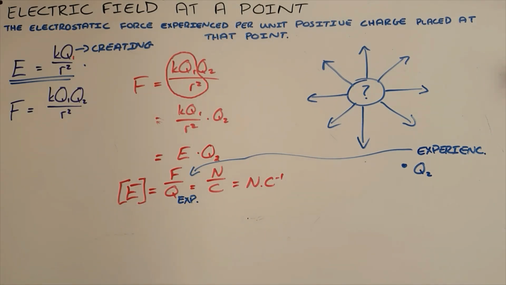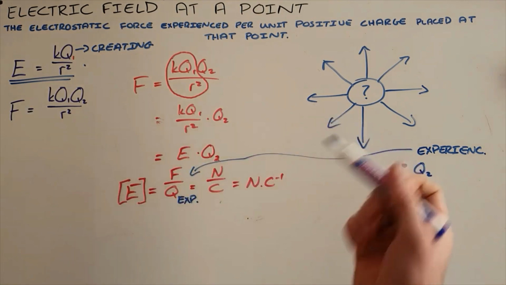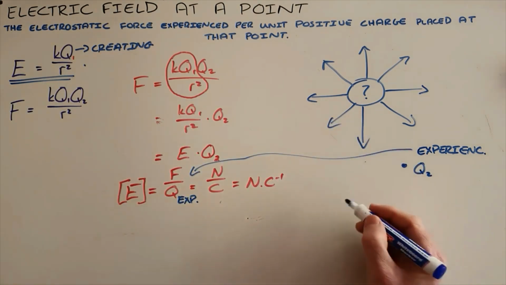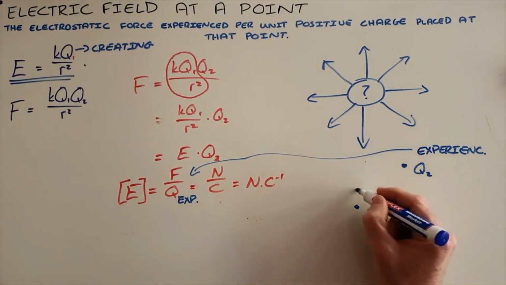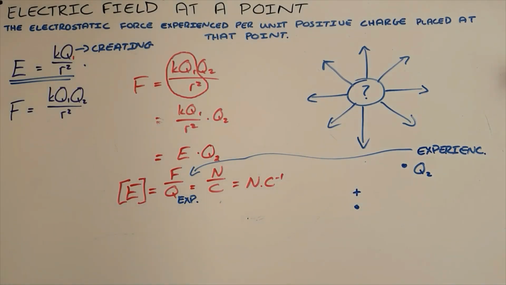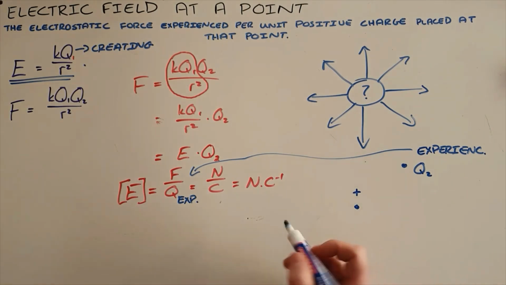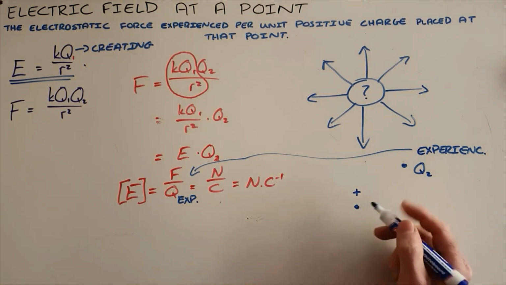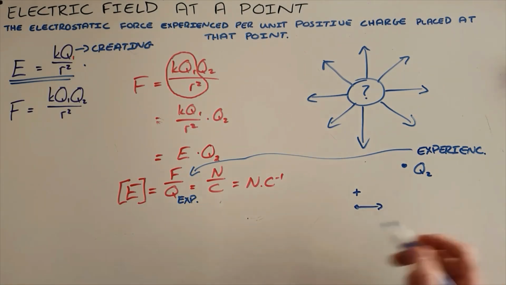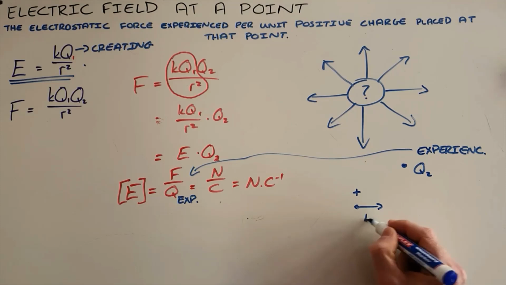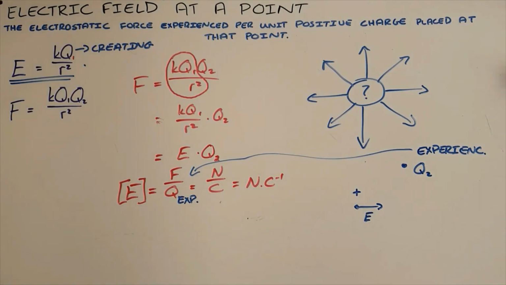What is important to understand here is the direction of an electric field, and we know that the direction of an electric field is the direction in which a positive charge would move when placed in that field. So when we are told that a positive charge placed at this point experiences a force to the right, that tells us that the electric field is directed towards the right.